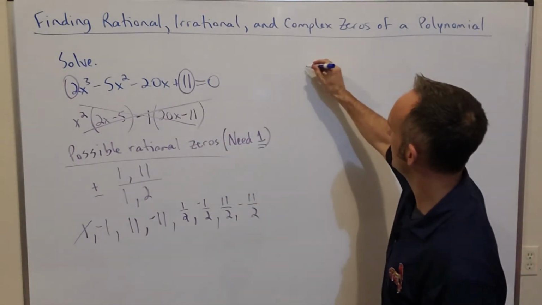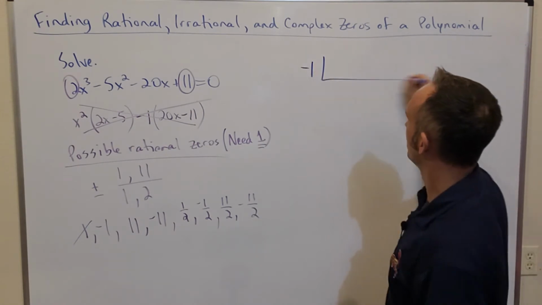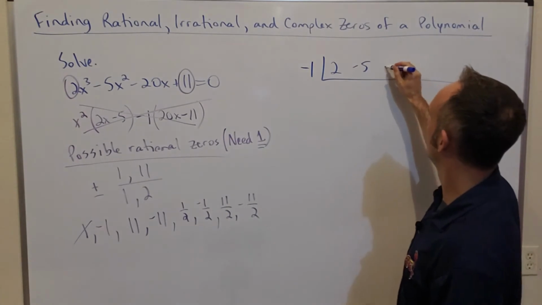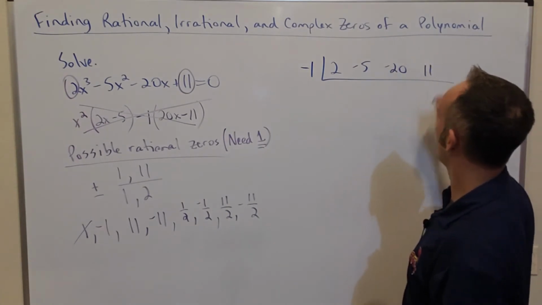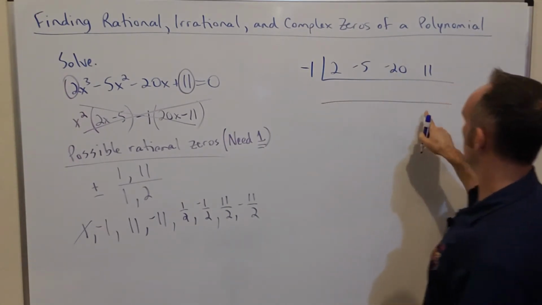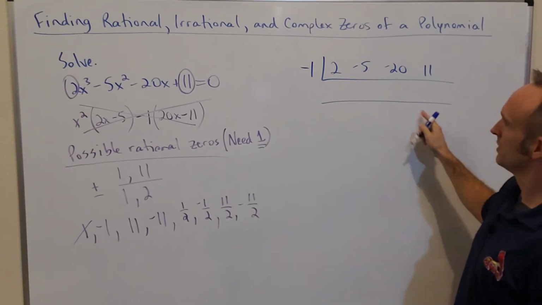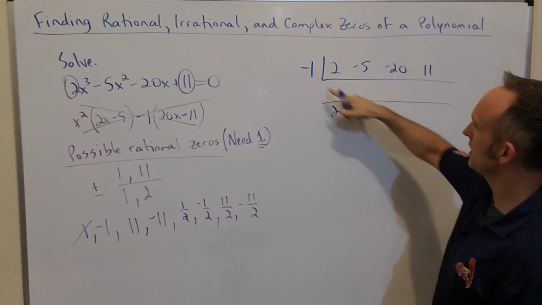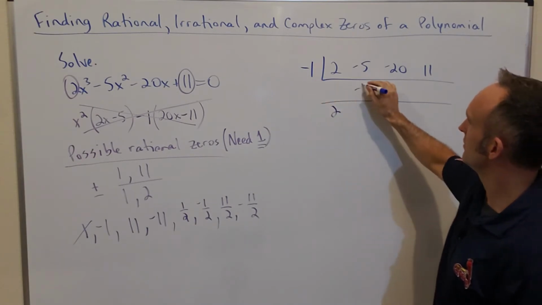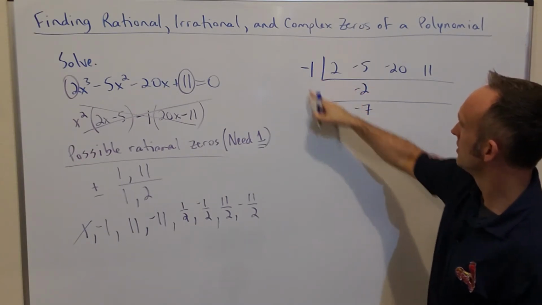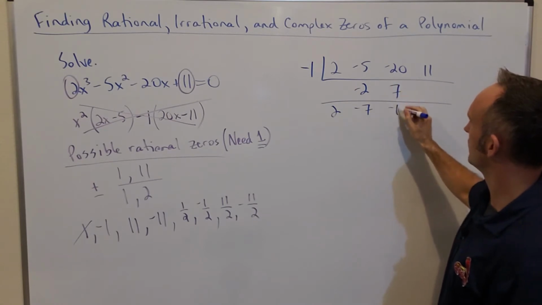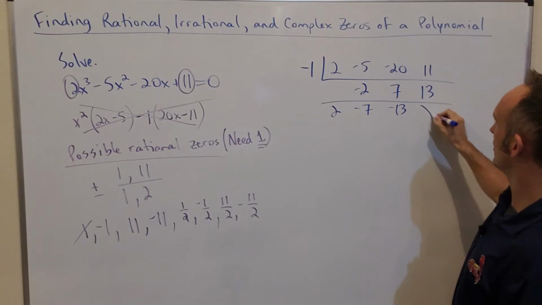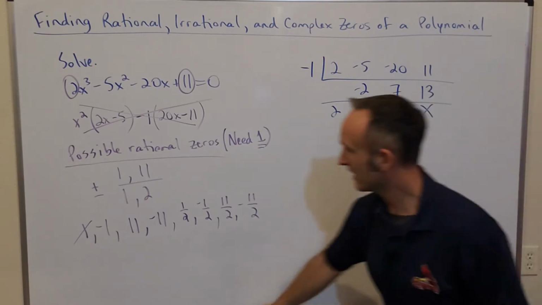So if I test negative 1, I have 2, negative 5, negative 20, positive 11. And what I'm looking for is a remainder of 0. So I'm going to run through my synthetic division. I'll drop my 2, and then I start multiplying and adding. So I get negative 2, negative 7, positive 7, negative 13, positive 13, I don't get a remainder of 0. So that guy did not work.